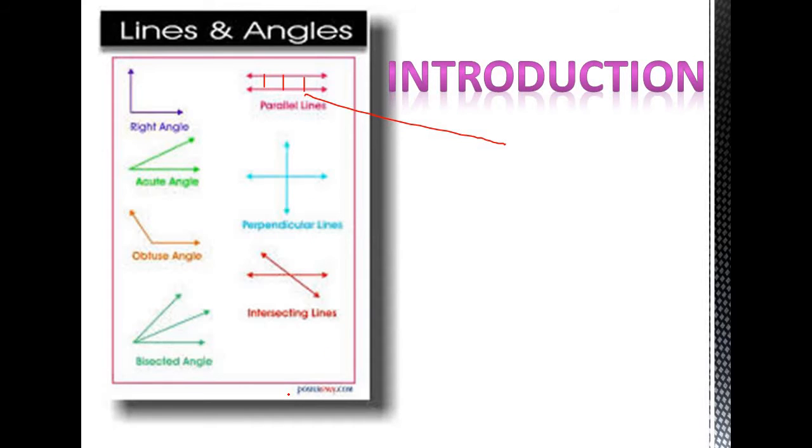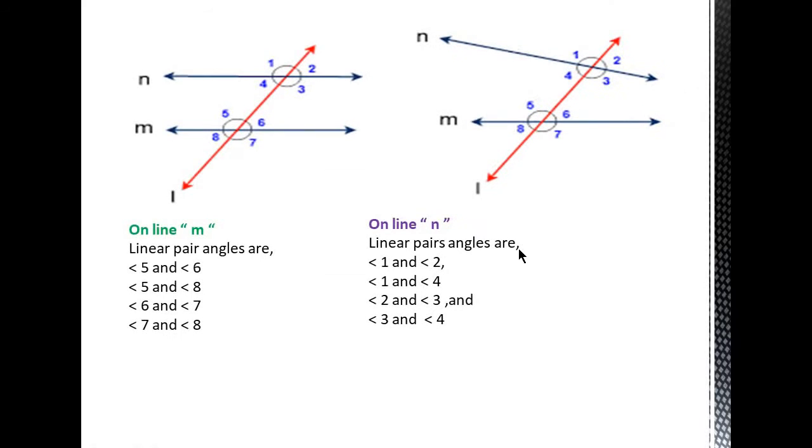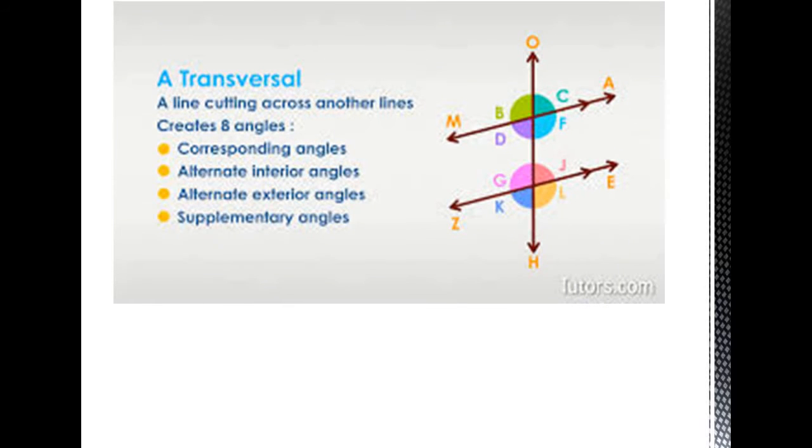Now we'll discuss the angles here. First of all we'll discuss a transversal. What is called a transversal? It is clearly written here: a transversal means a line cutting across other lines, creating 8 angles.